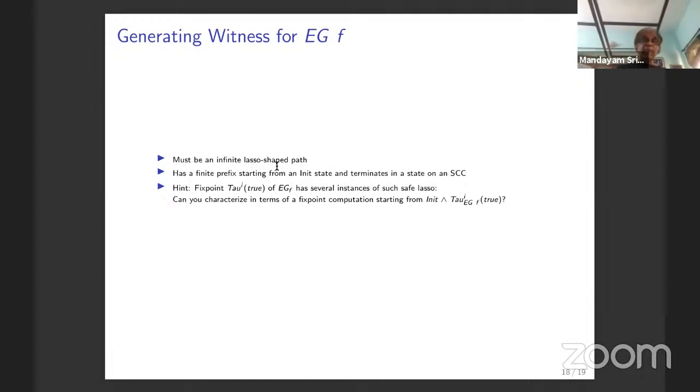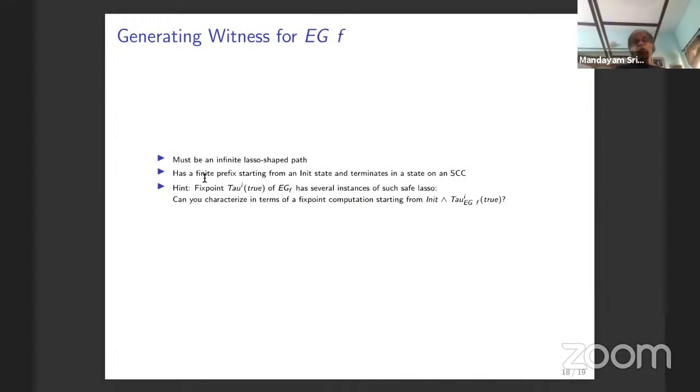It'll end up there. So what you will have to do is, starting from your initial state, you have to look for a connected path that ends up in your fixed point, okay.